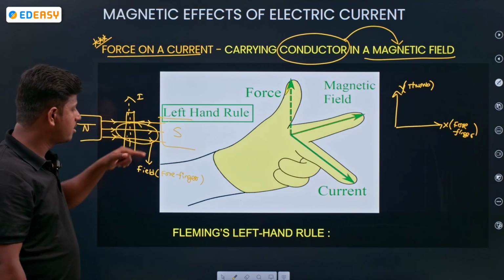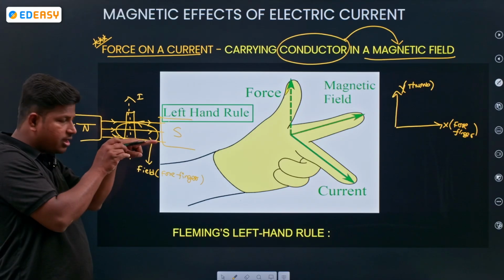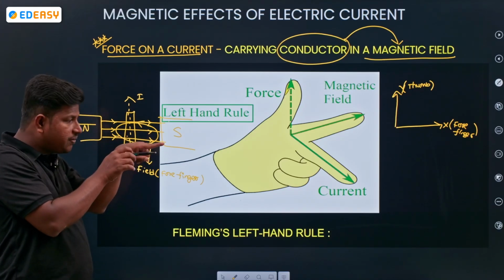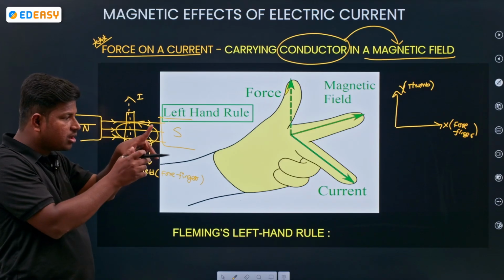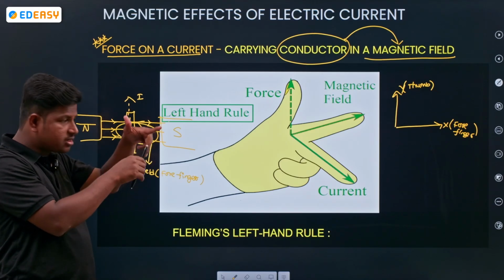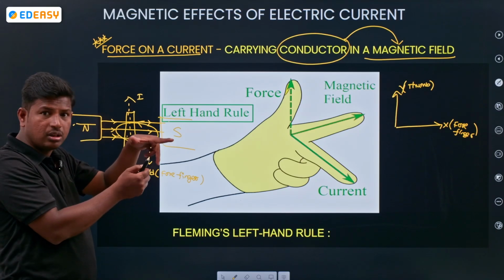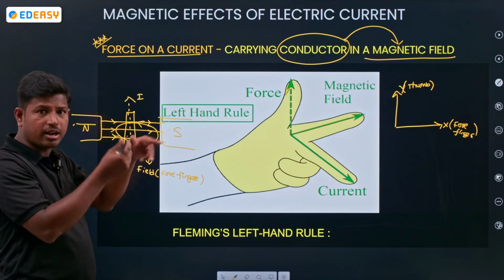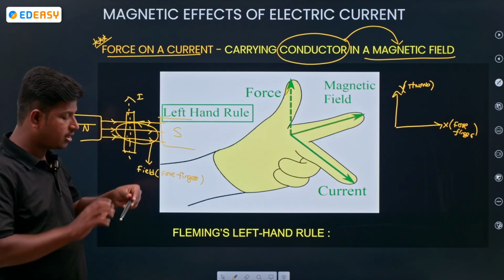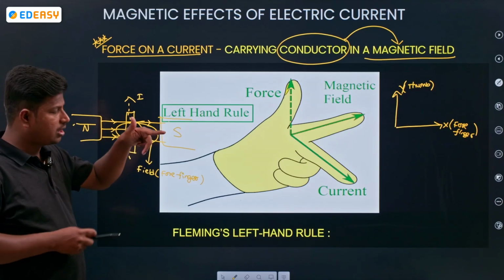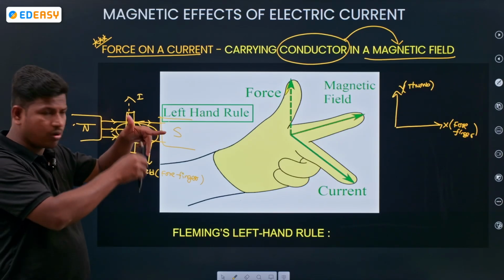Thumb. For example, this is the field. Forefinger is field. If the direction of current is downward, how will the force be? In this direction, right? Towards you, right? Direction of current is downward.